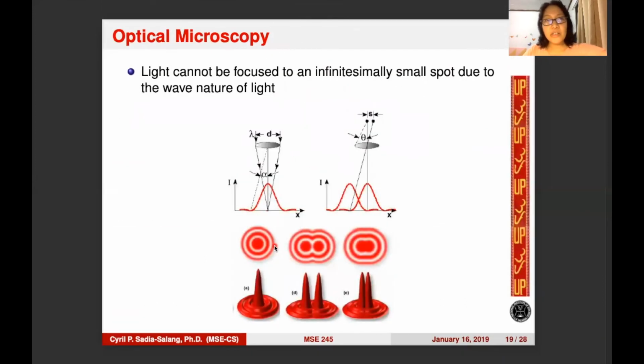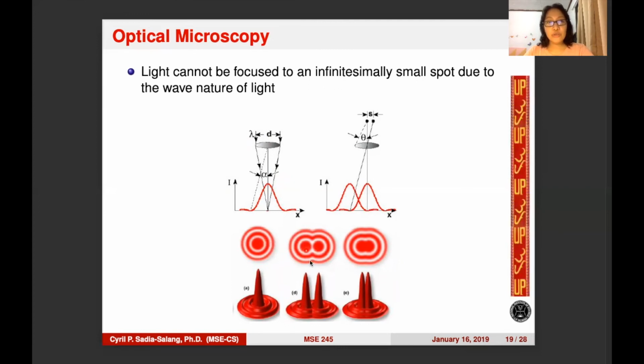Here, the figure depicts further when light is diffracted by a circular aperture of diameter d. In the resulting diffraction pattern, the circular spot contains most of the light. This circular spot is what is called the Airy or the diffraction disk. The same kind of pattern is formed when a point is imaged by a microscope.